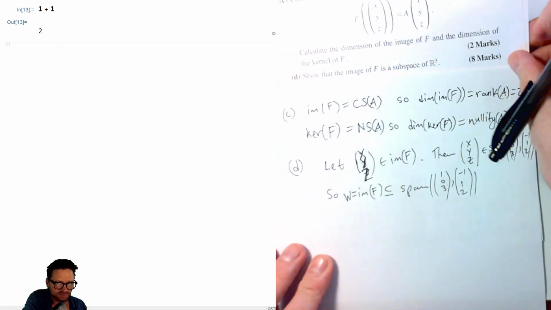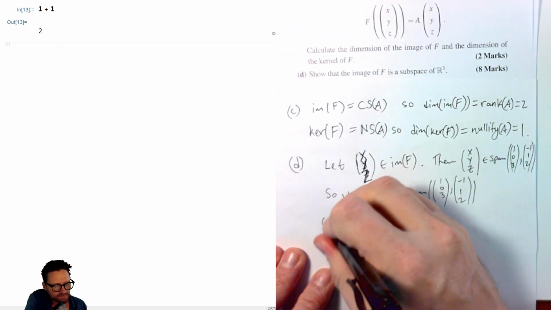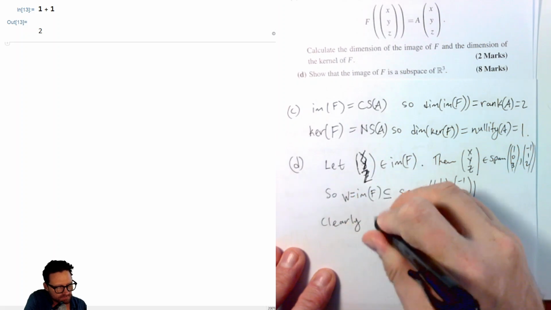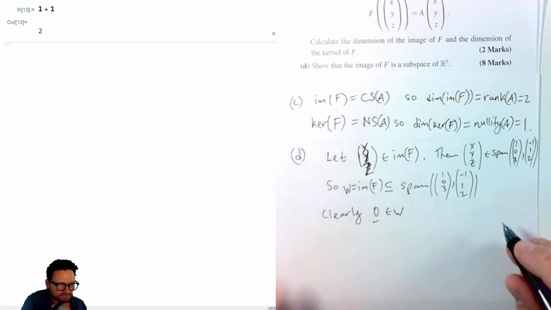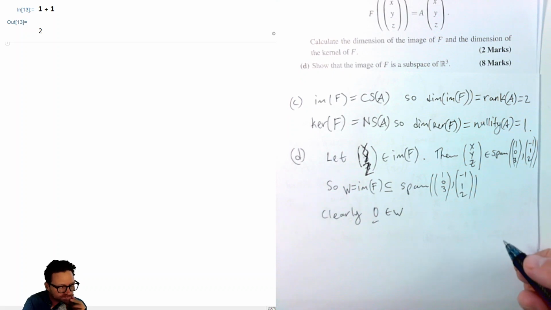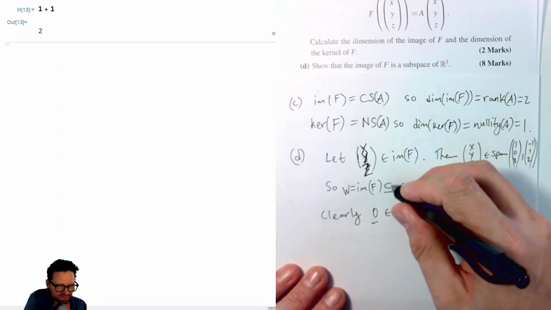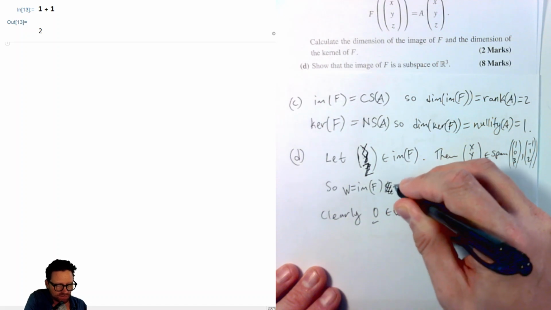Now clearly the 0 vector is in W. And hang on, these are equal, right? So let's just put equal.